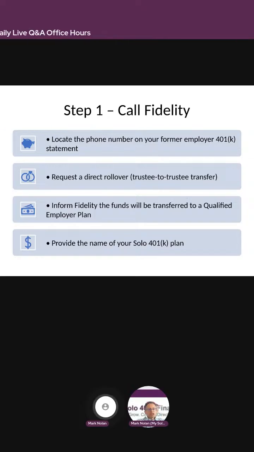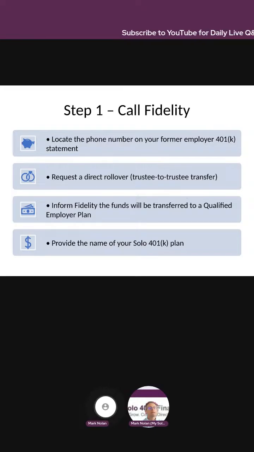Now, separate checks for different fund sources. So if your former employer Fidelity 401k contains multiple types of funds, they must be transferred separately.